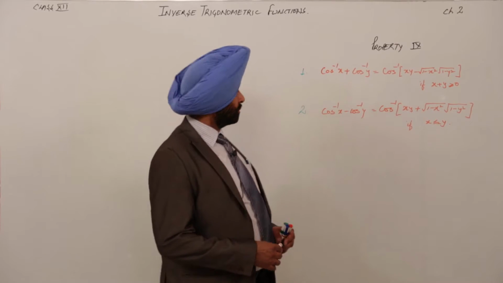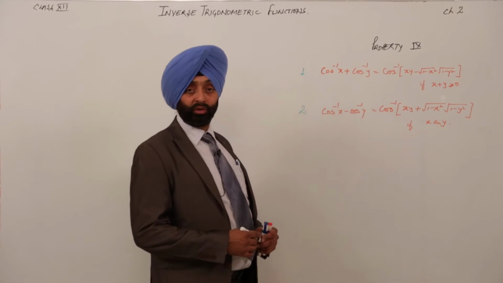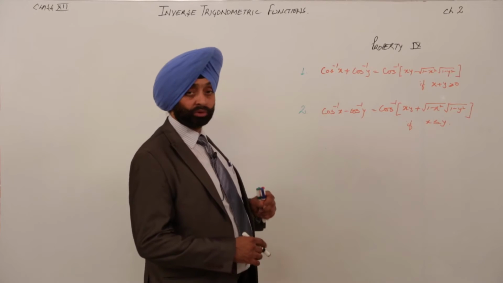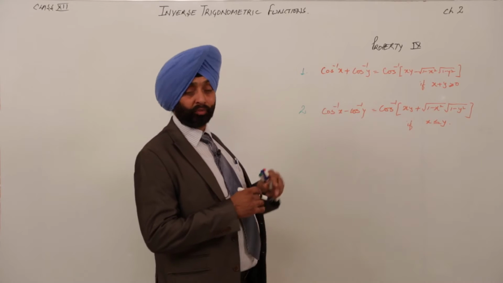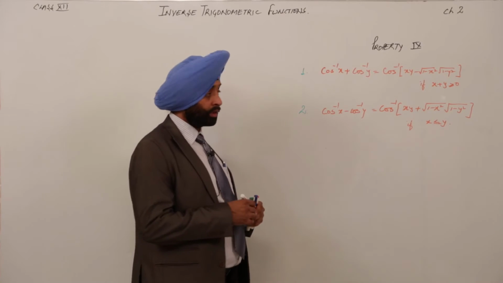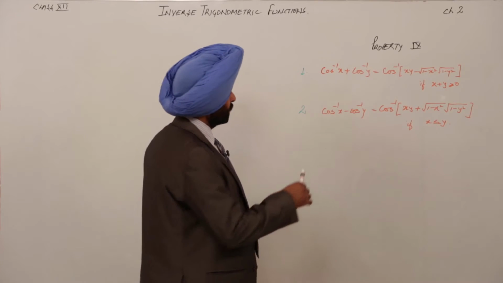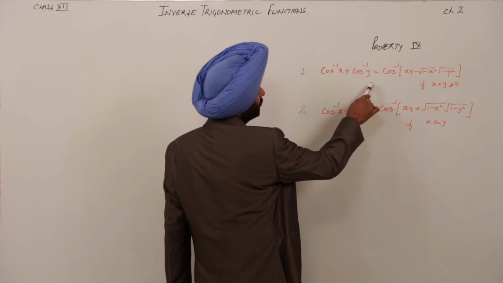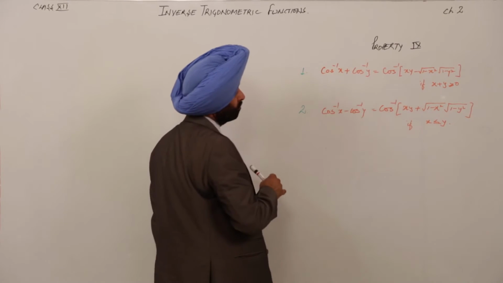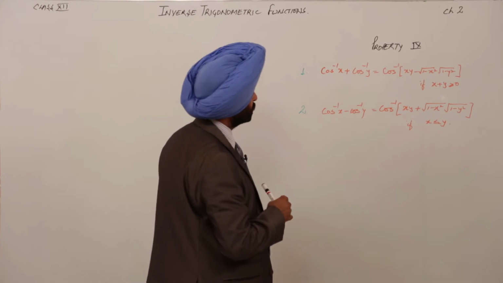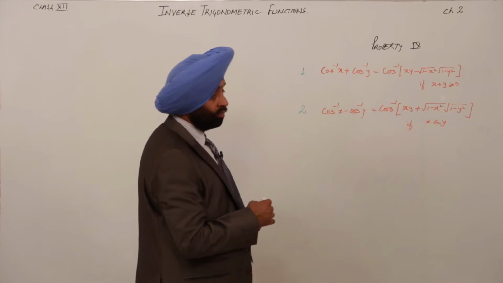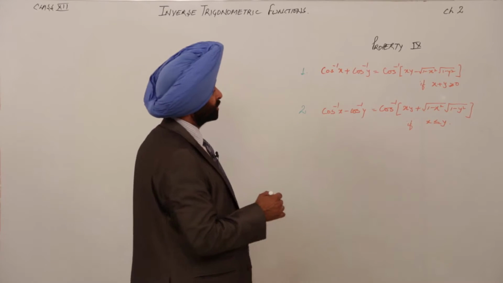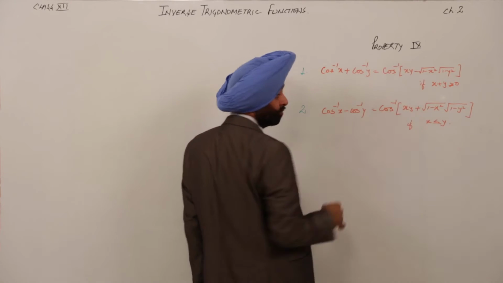Okay. Property number 8 was related to sin inverse x plus cos inverse y. Now we are moving to the next property, property number 9. The ninth property is cos inverse x plus cos inverse y is equal to cos inverse of xy minus under the root 1 minus x square times under the root 1 minus y square, and the condition is x plus y is greater than or equal to 0.